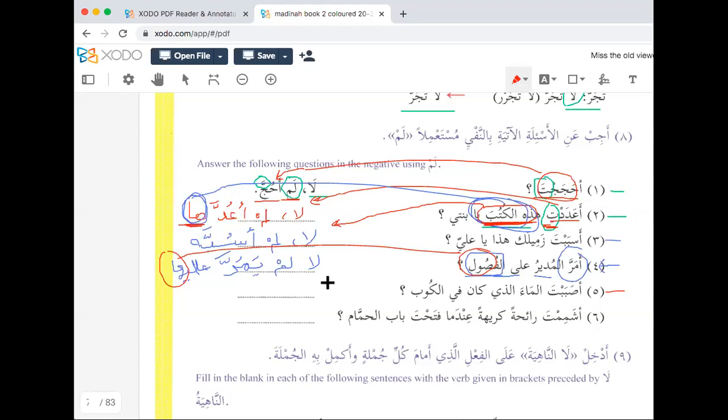Answer. لا لم أصب الماء الذي كان في الكوب. جيد. لم, you could just pretty much say لم أصبه. لم أصبه. جيد. جزاك الله خير. أحسنت بارك الله فيك.